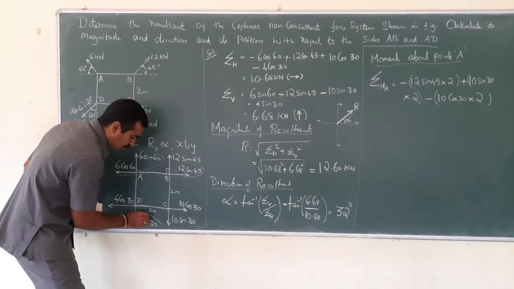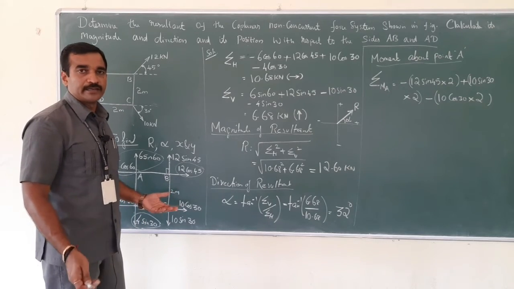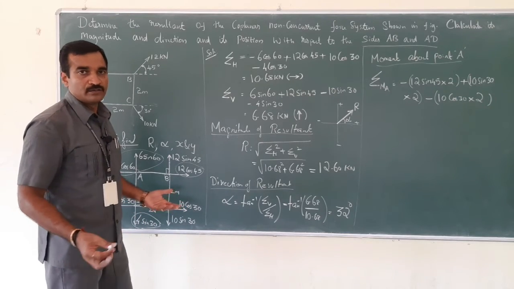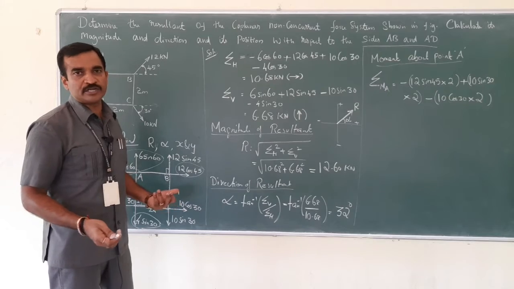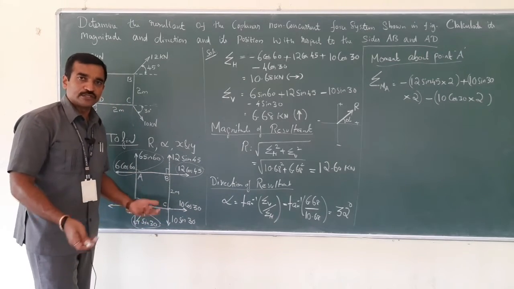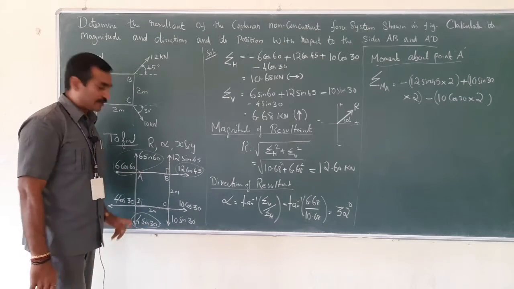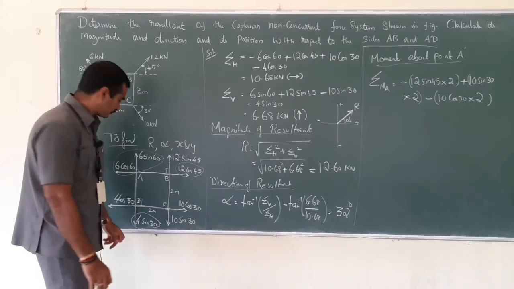So this becomes 0, because the force is there, but the perpendicular distance is not. The moment formula is force into perpendicular distance. The force is 4 sin 30 and the perpendicular distance is 0. Therefore, the whole moment for this particular force would be 0.